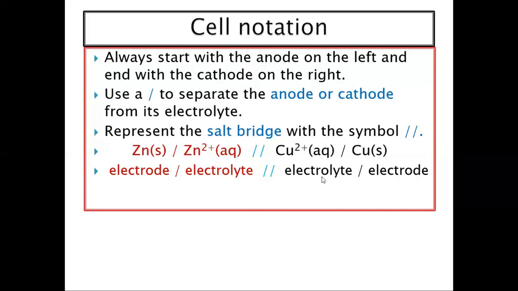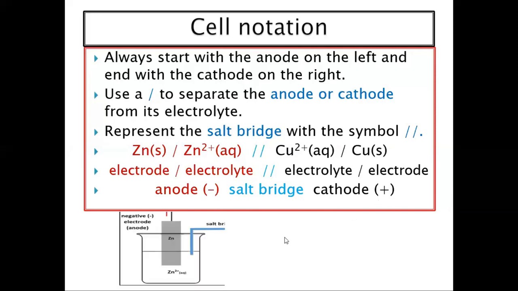The copper 2, which is the electrolyte solution. It gives the electrode, which is a solid. You understand? That's how it's supposed to be interpreted. Anode, which is negative, salt bridge, cathode, which is positive. That's what it means.